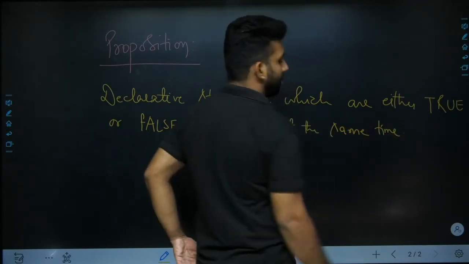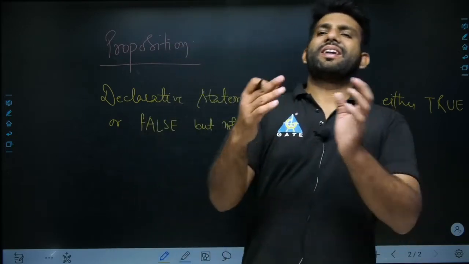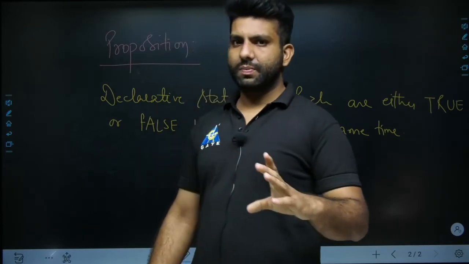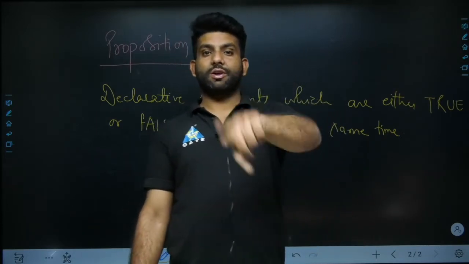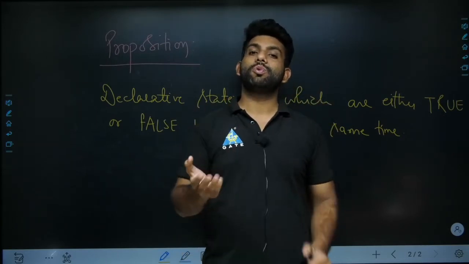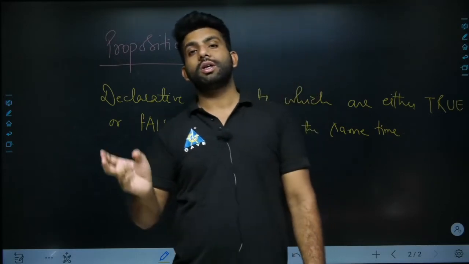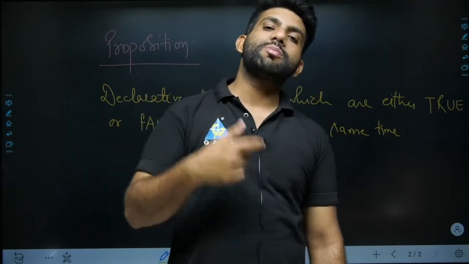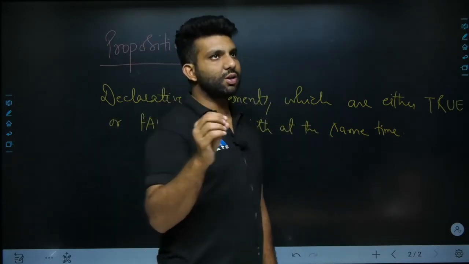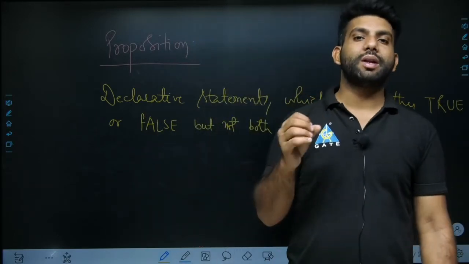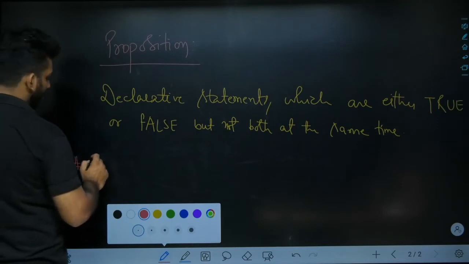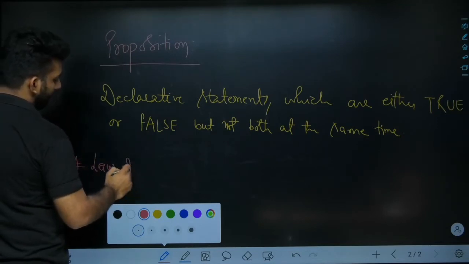That means my proposition is going to be a declarative statement. That means it will be declaring something, that okay, this is going to happen, or something like this has to be there. This is the rule, this is the fact, kind of this. So it will be a declarative statement which will have a value of either true only or false only, not both. We must know exactly what the value is, either true or false only. There is a very important law, the law of excluded middle.